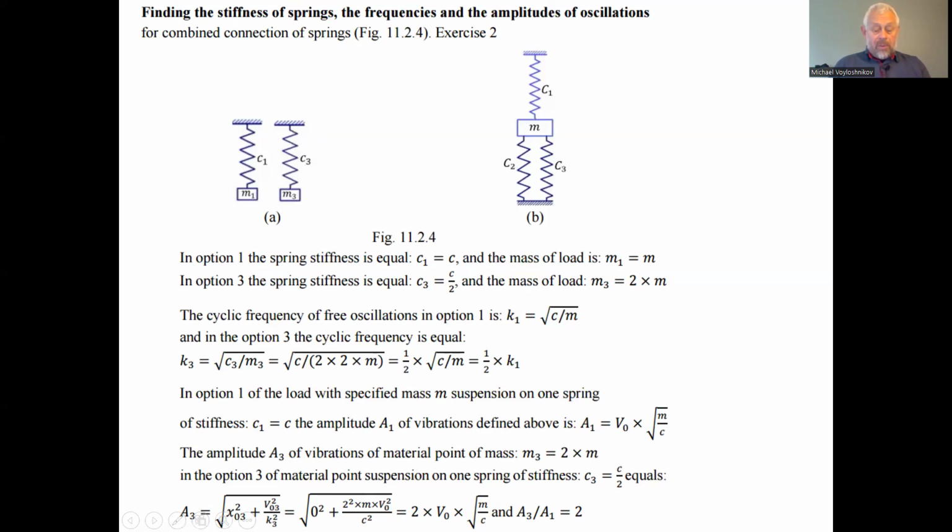So the proportion between the amplitudes of the oscillation for the same initial conditions of zero displacement at the initial moment, and for the same velocities of the loads at the initial condition, is that the amplitude of the oscillations in option 3 will be twice bigger than in option 1.